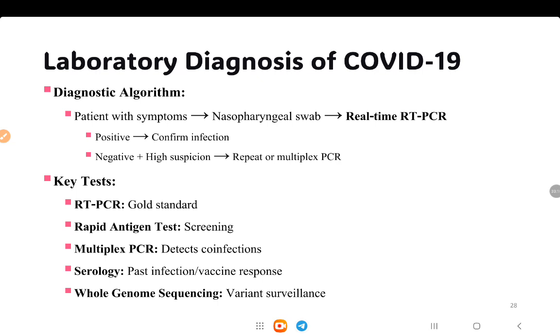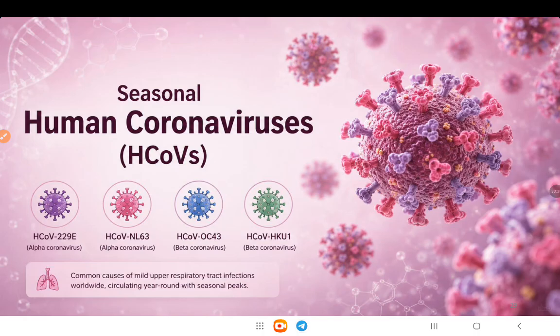The integration of all these tests is essential for managing the pandemic and tracking viral evolution. All countries integrate these tests when we diagnose the virus or need to screen the genes of the viruses which cause infection in different countries.